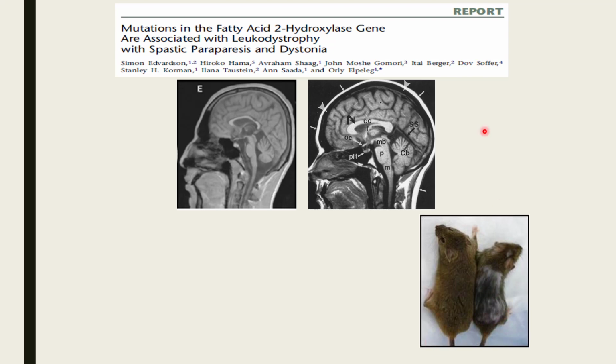Now again, the reason why this was so interesting is not only because it was easy to tell them apart, but what we realized is that this fatty acid 2-hydroxylase, if you remember back to what I told you about the special parts of the neuron, neurons have an axon, and that axon is surrounded by a fatty structure that helps protect it and insulate it called myelin sheath. Well, this particular gene that was messed up is partially responsible for making some of that fat that's in the myelin.